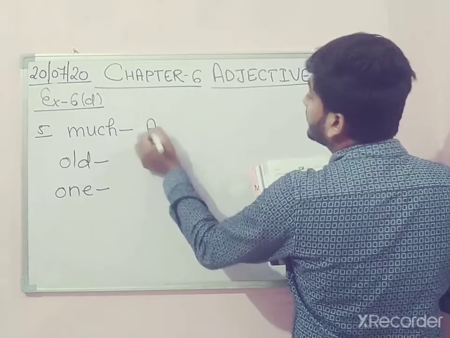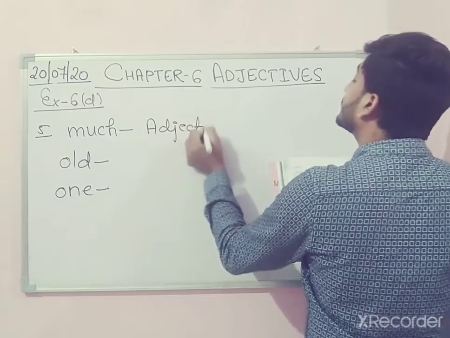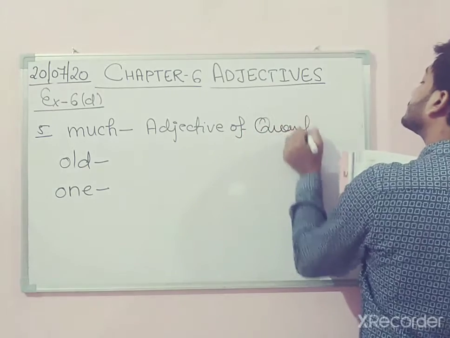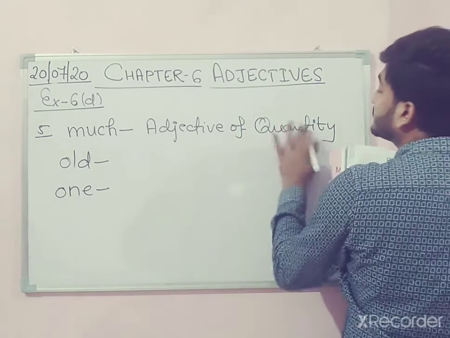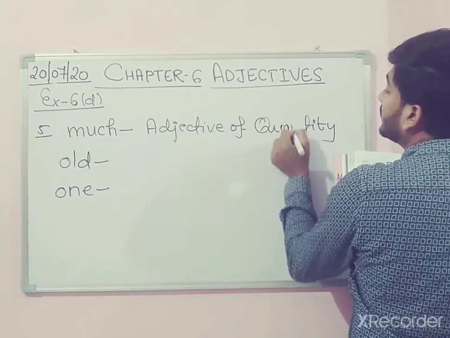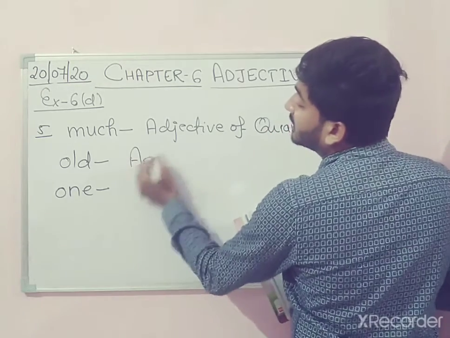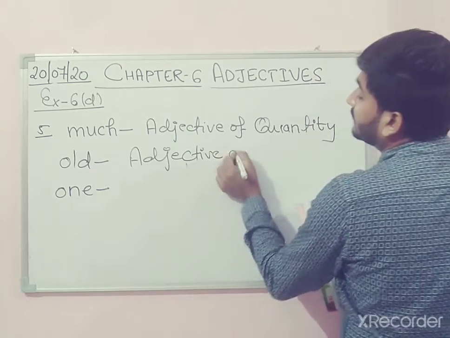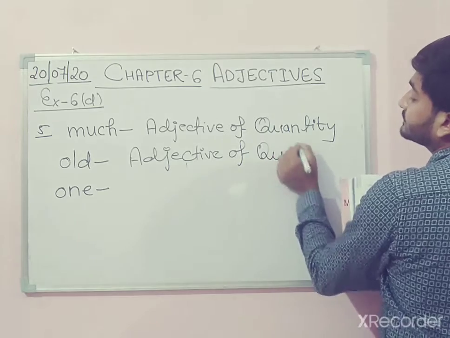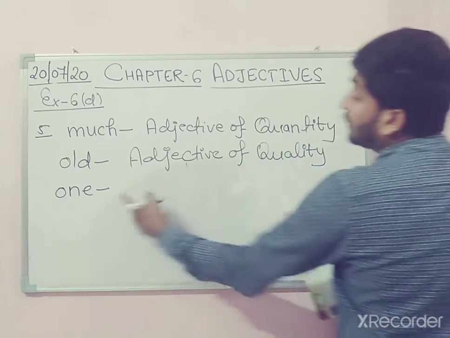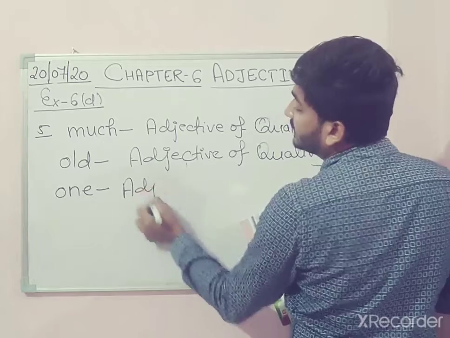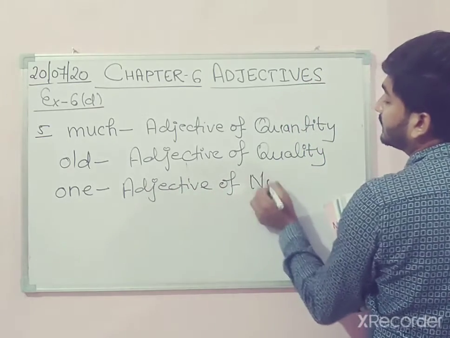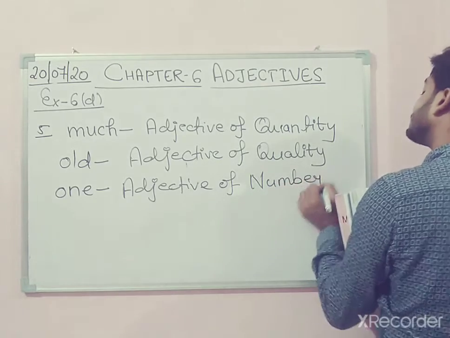That means adjective of quantity. Yes. Adjective of quantity. Old. What kind? That means adjective of quality. One. How many? That means adjective of number. Okay.